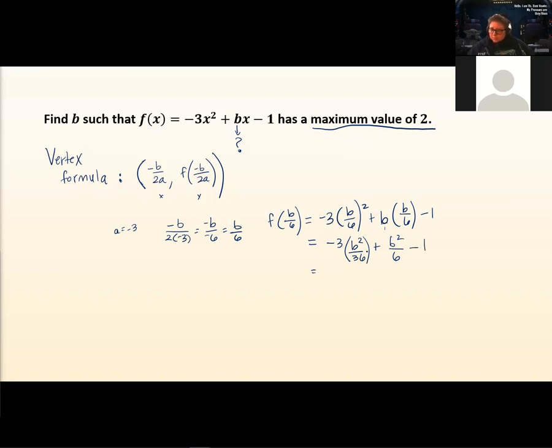Multiplying this out, can we reduce this? 3 definitely goes into 36, 12 times. So this becomes -b squared over 12 plus b squared over 6 minus 1. Is it positive 12 since it was a -3?